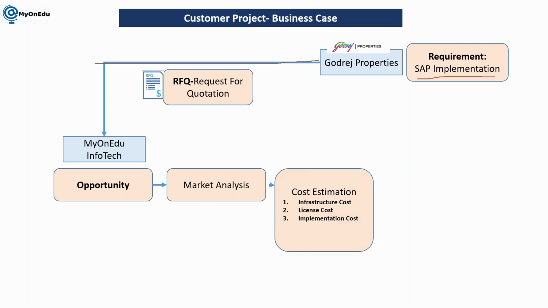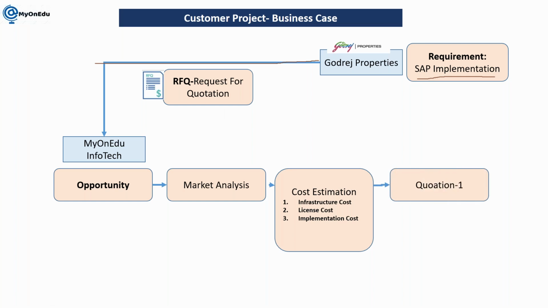If they want to include other costs also, like infrastructure cost, if we need to extend servers, license cost, if any new licenses need to be added, and implementation cost, everything will be included in the cost estimation as per the request for quotation.